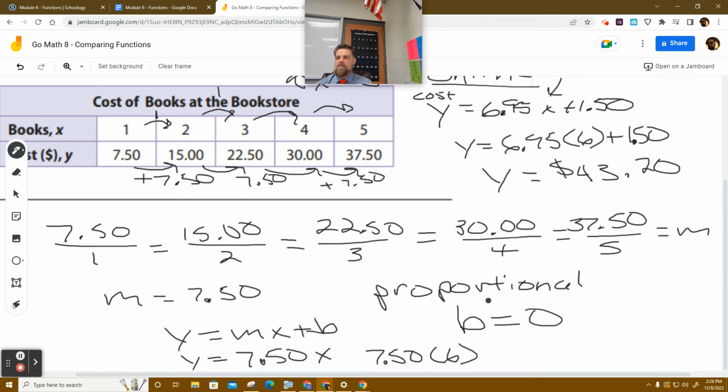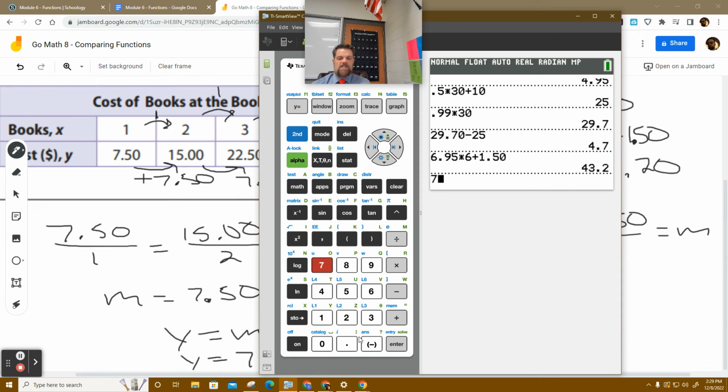But we said x equals 6, right? Because you were talking about buying 6 books. So what is that on the calculator? 7.50 times 6 is in fact 40. Yeah, I got it. Wrong button. Times 6 is 45.